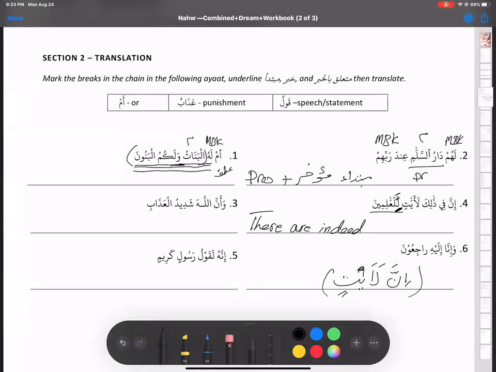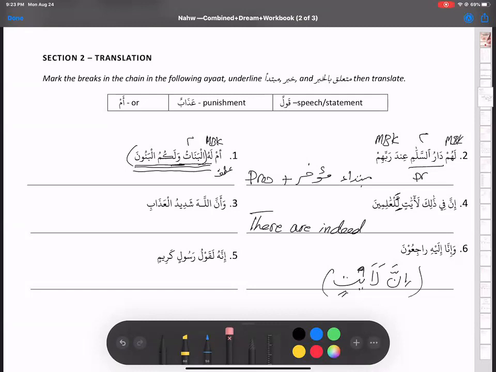I have something to ask. Sorry, I couldn't grasp why the translation will include "there are." Whenever we have MBK muqaddam, this is kind of just the English way.